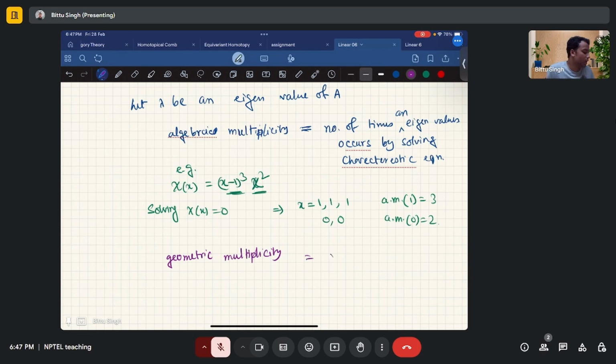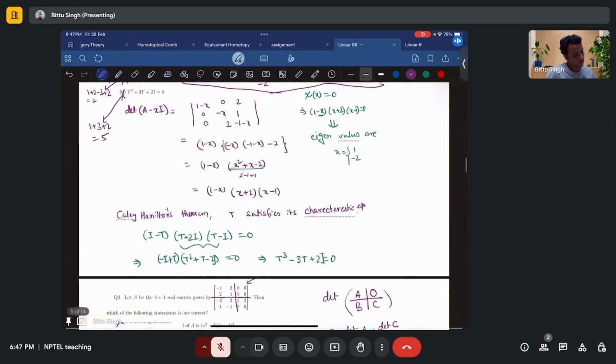It is actually the dimension of the eigenspace corresponding to the eigenvalue.